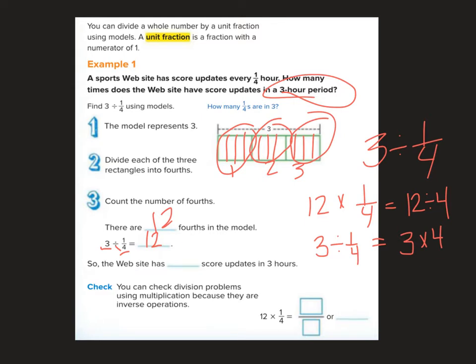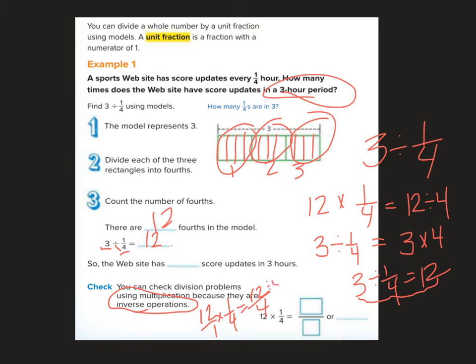So down here at the bottom it says you can check division problems using multiplication because they are inverse operations. So if 3 divided by 1/4 equals 12, then going oppositely, 12 times 1/4 should equal 3. If I multiply 12 times 1/4, 12 over 1, it would be 12 over 4.